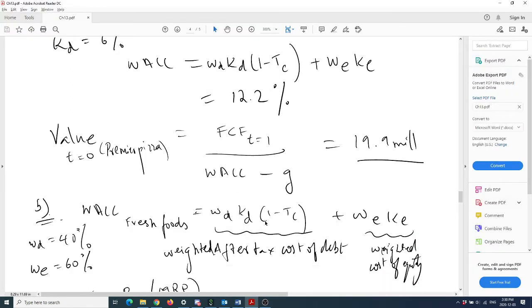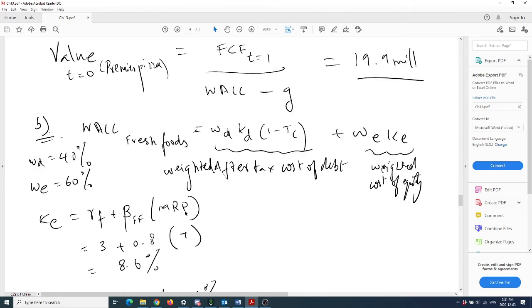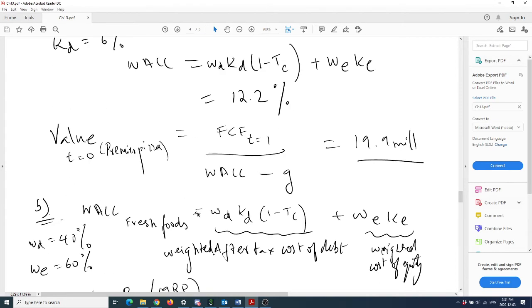Going about that, the weighted average cost of capital is in the food industry as well. For this particular firm, once you calculate it, the cost of equity is found to be 8.6%. This is a big difference: 8.6% for this big food manufacturing firm versus the 15% that Boris and Isabella wanted.